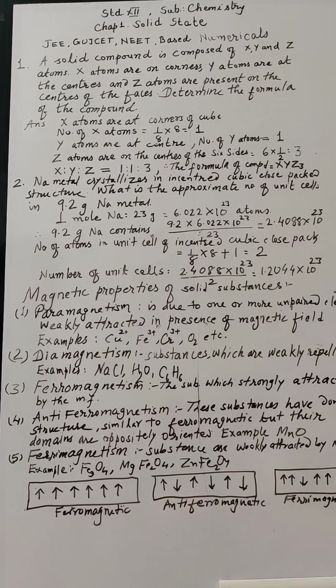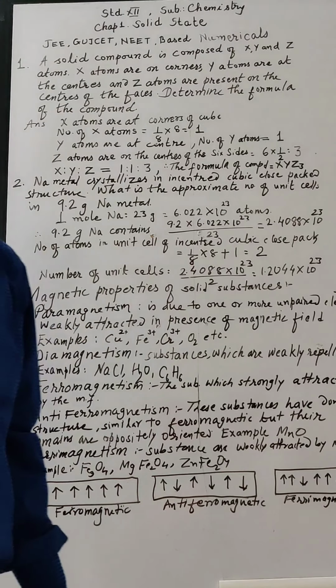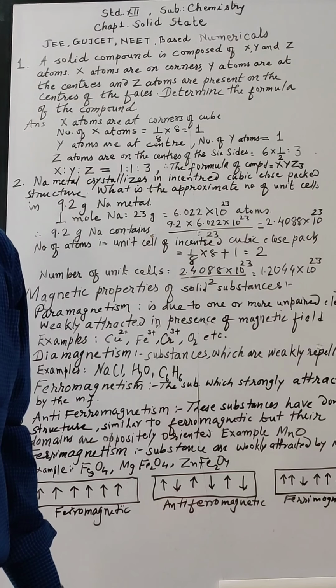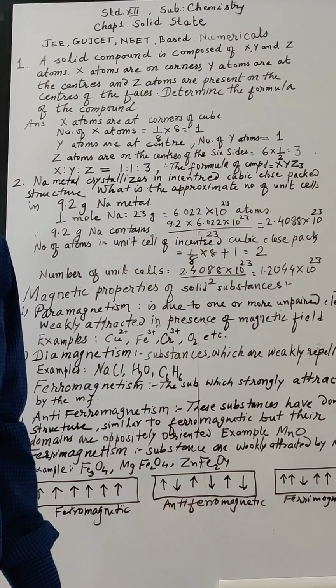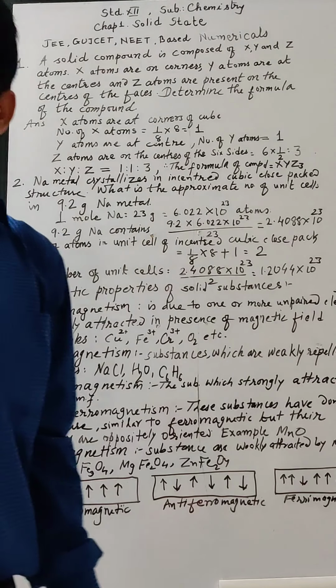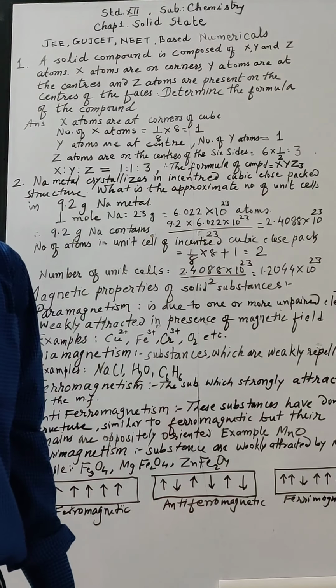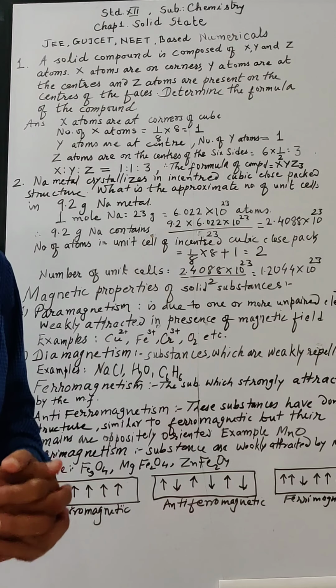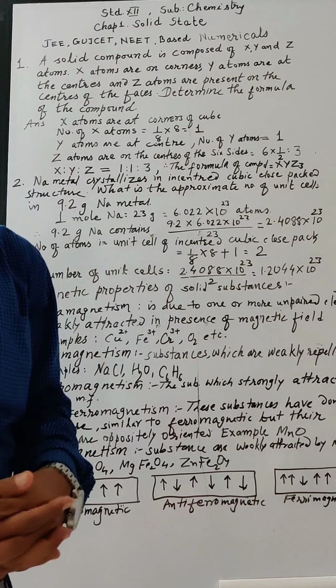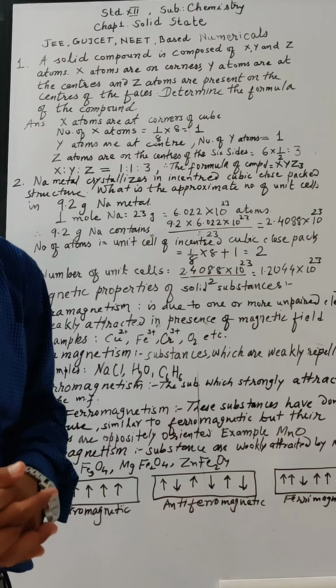After these numerical topics, magnetic properties of solid substances. In atoms, magnetic moment of electron can be produced from its two types of motion.